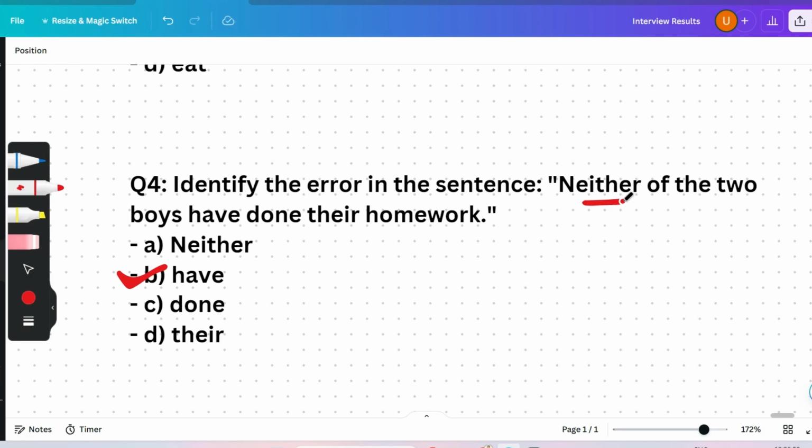Persons are plural, but one of the persons is pointing to someone which is singular. So neither of the two means none of the two, that means here we are pointing to one person. So that's why neither of the two boys has done their homework will be correct. So have is the fault.